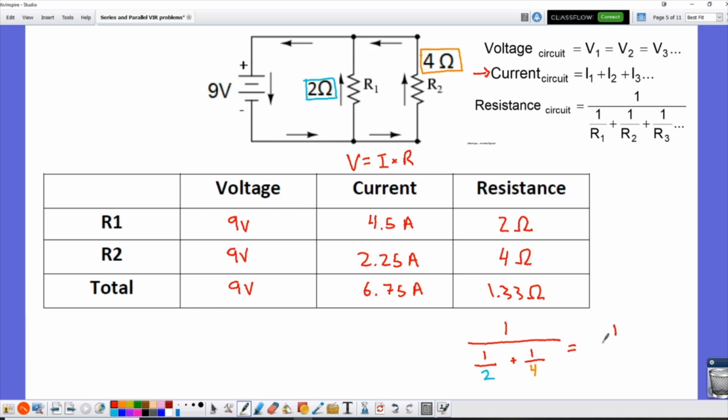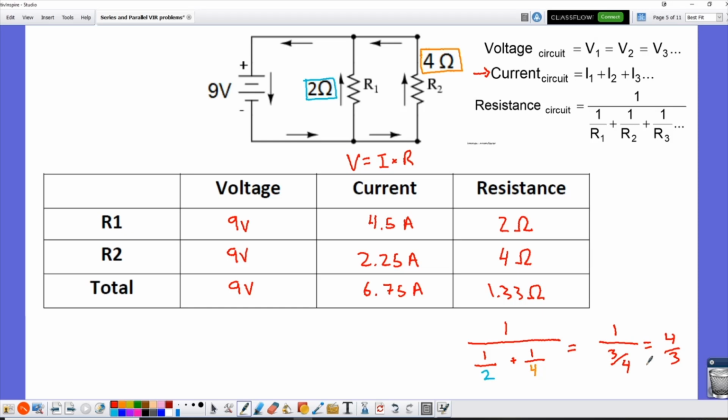Okay, so it's basically 1 over 3/4. Okay, and so whenever you have a reciprocal like this, where it's 1 over like this, all you have to do is flip the denominator and the numerator. And so you get 4 over 3. And 4 over 3, if you did that mathematically in a calculator, you would get a decimal of 1.33.